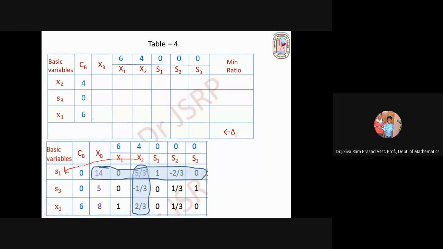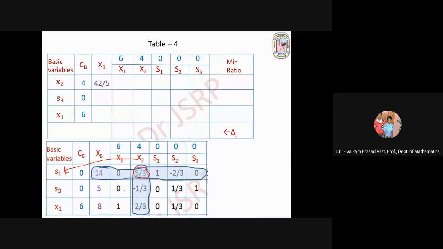Right. Now what is the first step? Divide the pivot row by the pivot element. The pivot element is 5 by 3, the intersection of the pivot row and pivot column. So divide the first row by 5 by 3 and write it in the first row of the new table. So 14 by 5 by 3, that is 42 by 5.